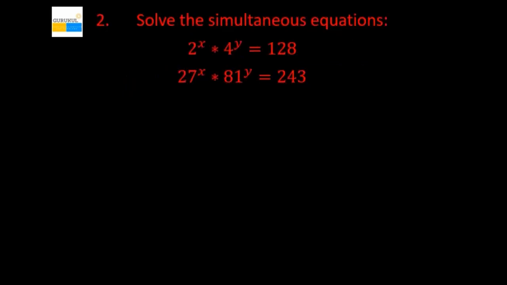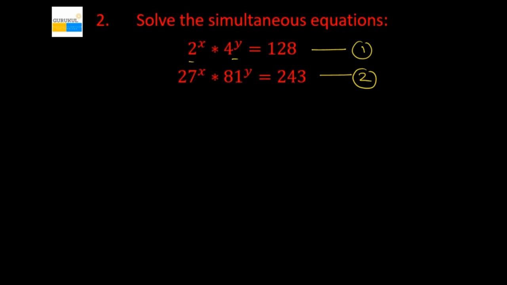Next, move to the second question. It states: solve the given pair of simultaneous equations. We can number this as equation 1 and this as equation 2. Let's start with making the bases in terms of prime.